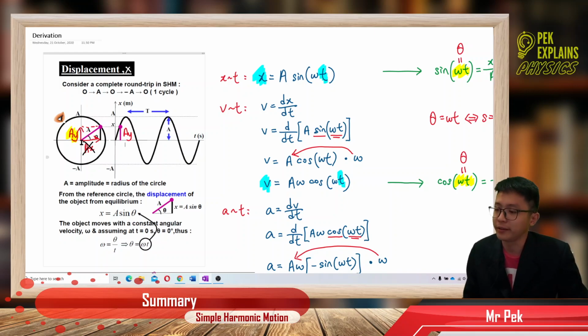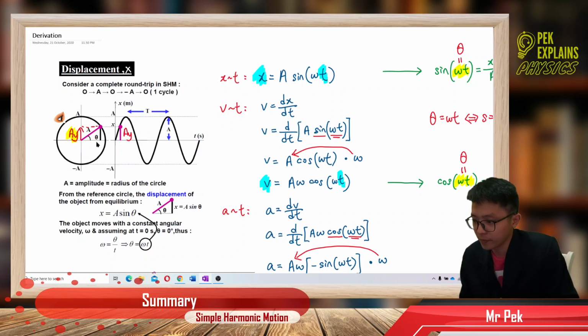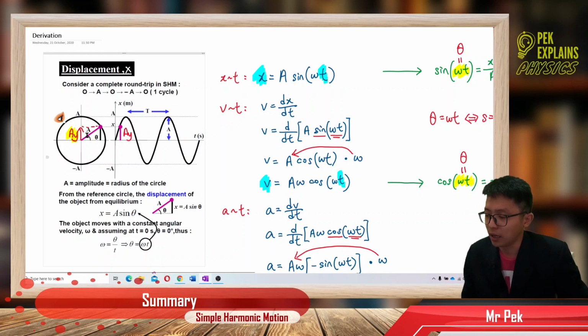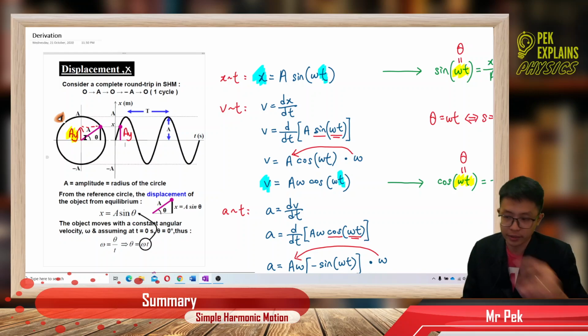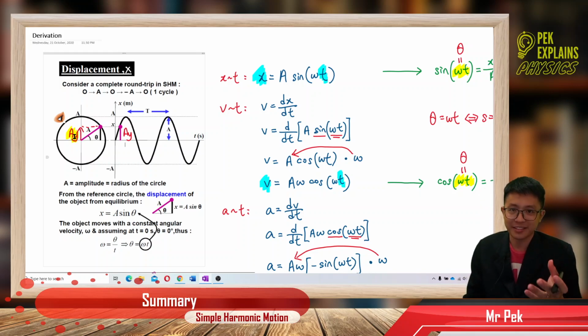How to get AY? We have theta here. If we look carefully, we only consider the y component of the radius. The radius has angle theta. So AY is A sine theta, isn't it?